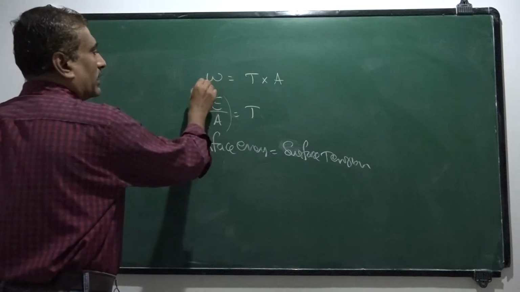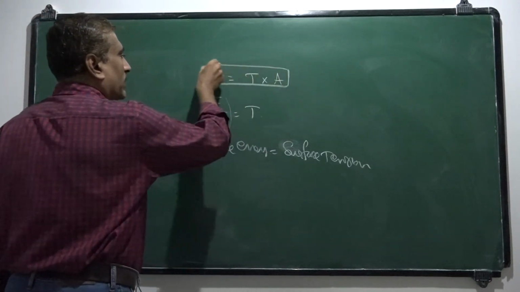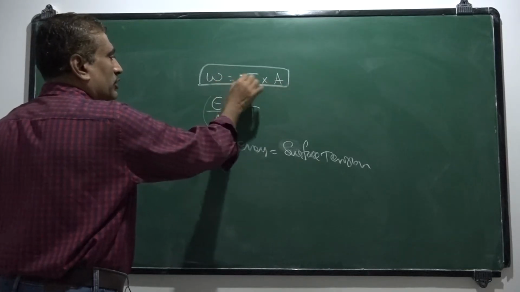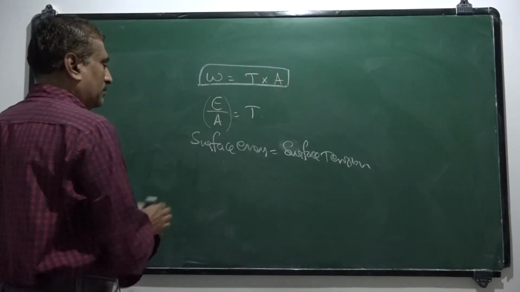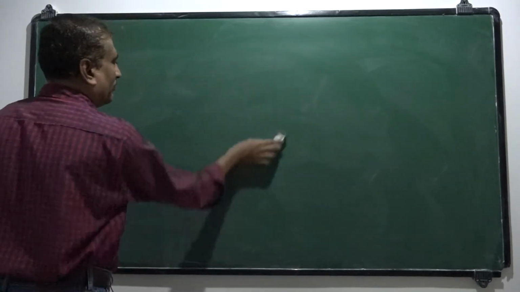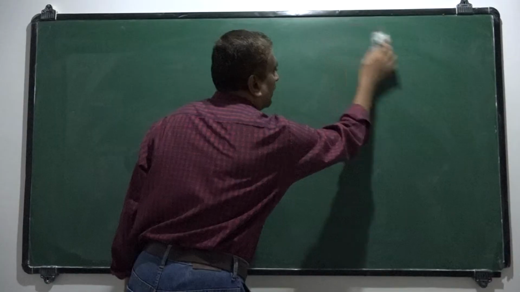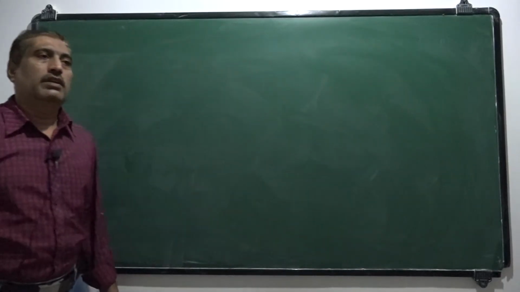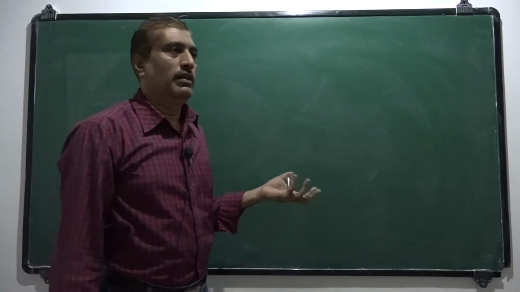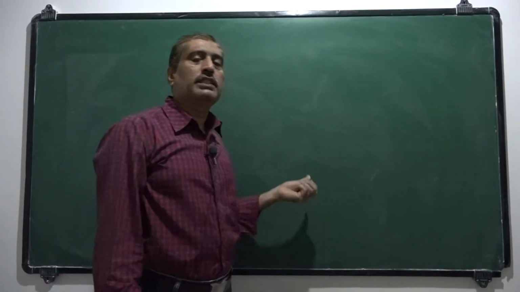And work done and surface tension are related by this relation, W is equal to T into A. And the phenomenon of surface tension is explained on the basis of molecular theory.